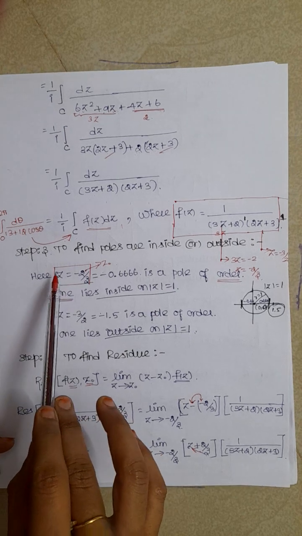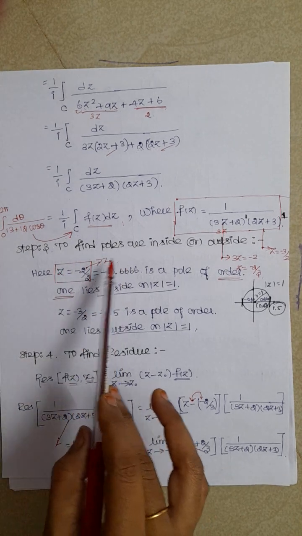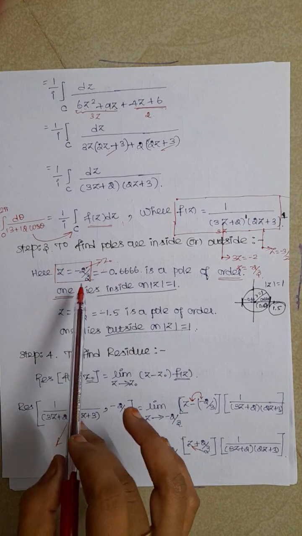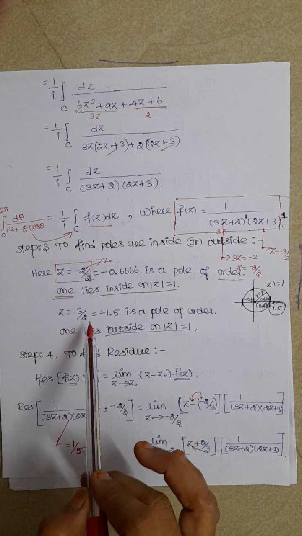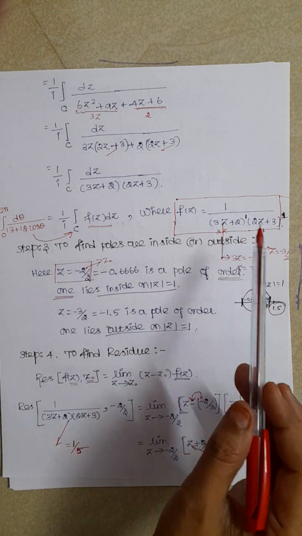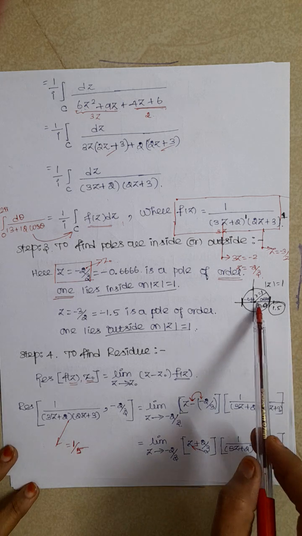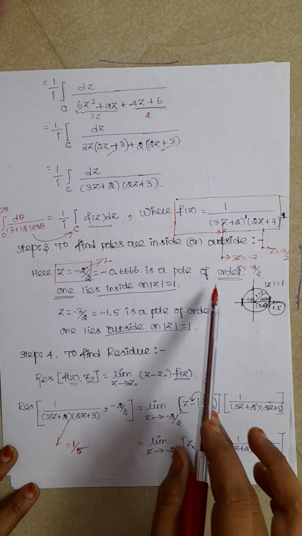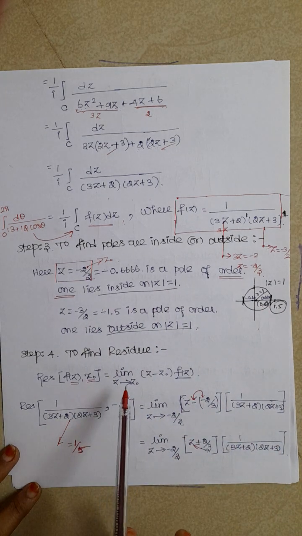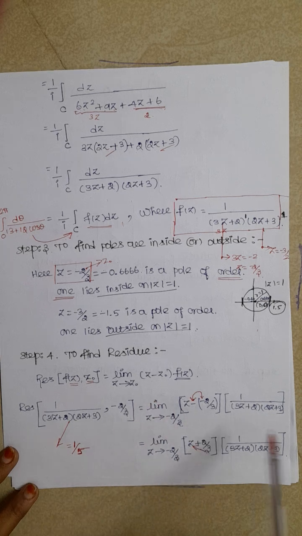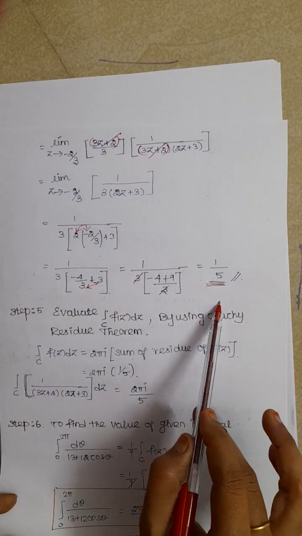Next, step number 3, to find the poles. The poles are the z values from the first term, and the second term also. Check whether the poles are inside or outside. You take the residue only for the inside pole. The residue value is equal to 1 by 5.